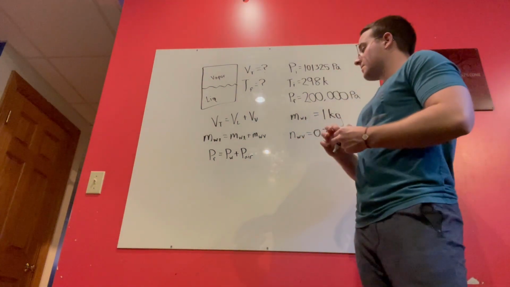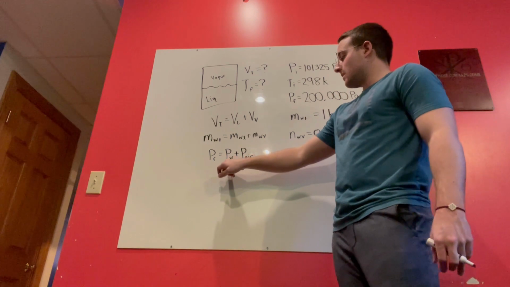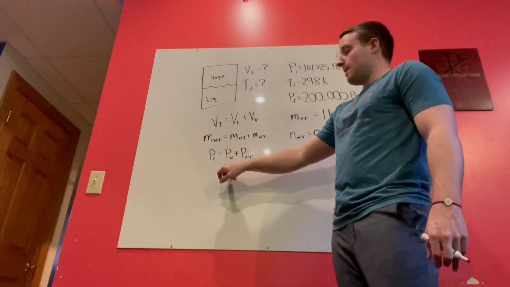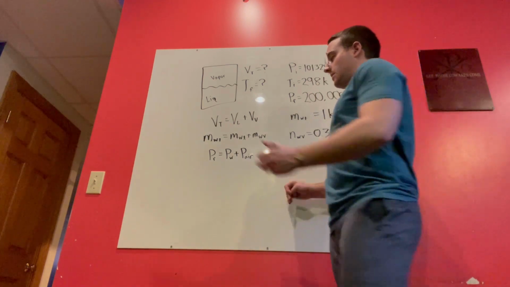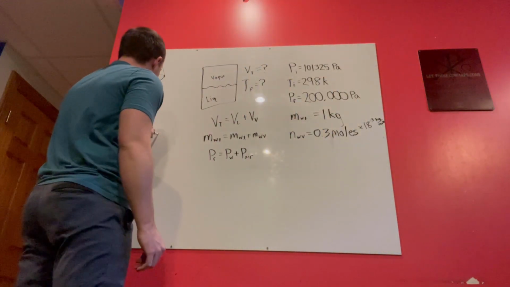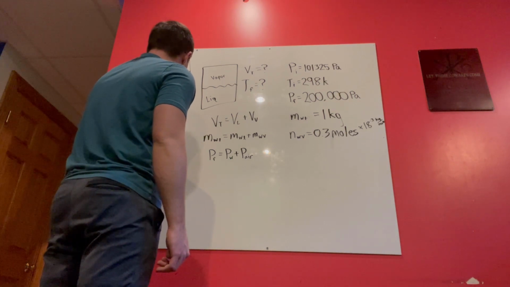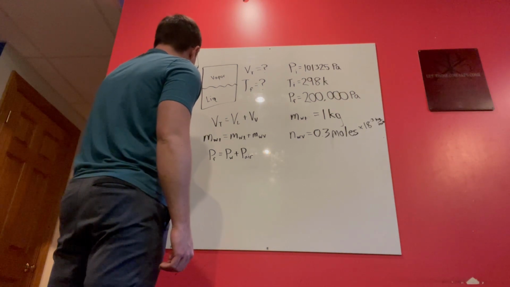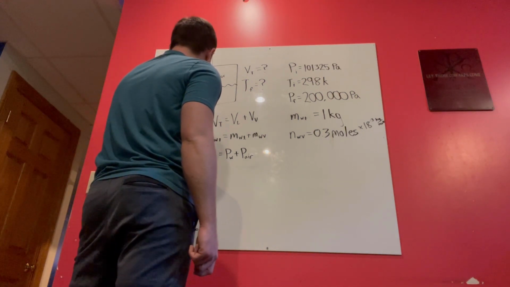And then the pressure of the water can also be determined by Antoine's equation, which is log 10 P equal to A minus B over C plus T.